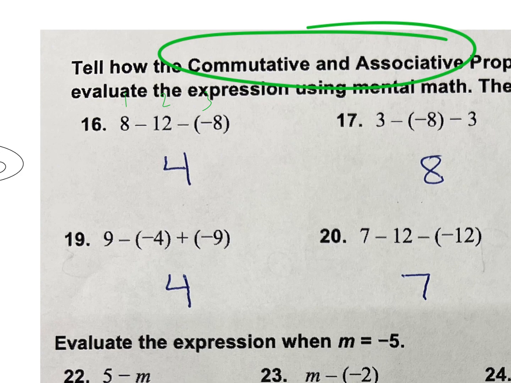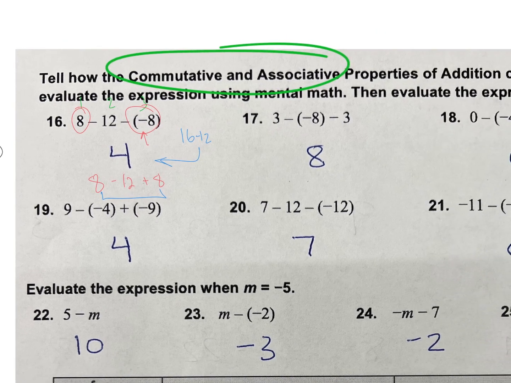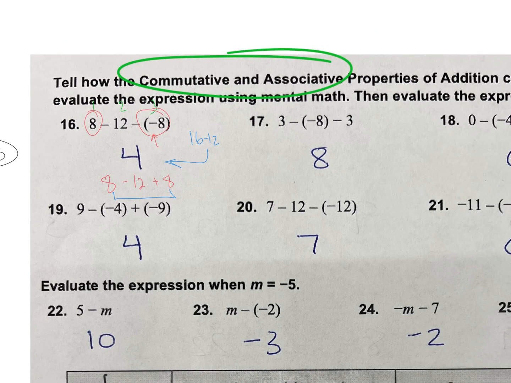So what you can do is combine that one, and oh look, a negative is positive, right? So it's really 8 minus 12 plus 8. And in this scenario, what I did is I said 8 plus 8 is 16. 16 minus 12 is 4.